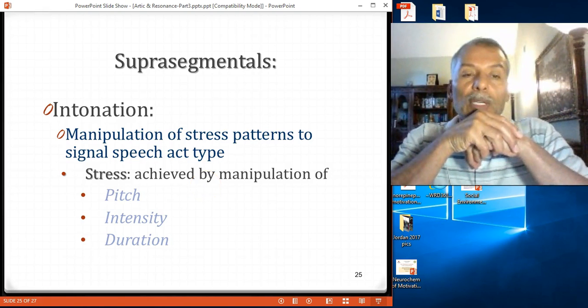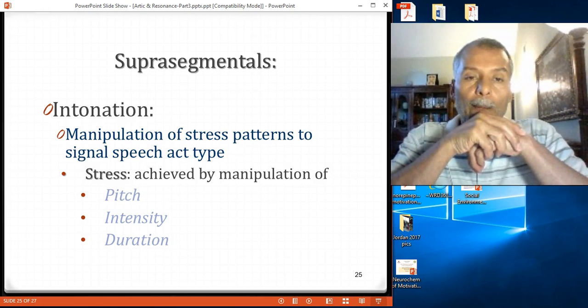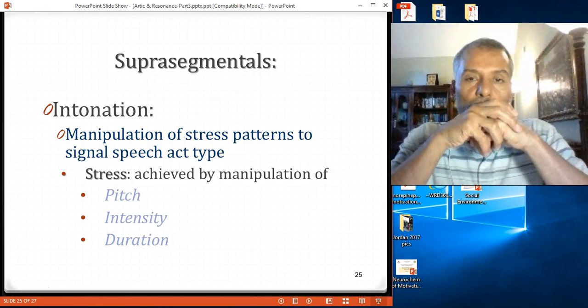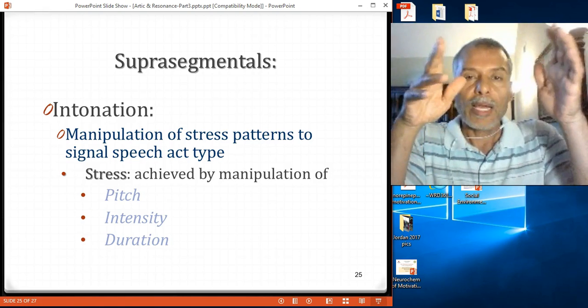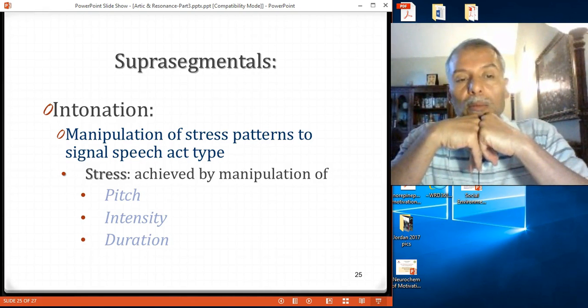Suprasegmentals have different names as well, but they include the stress patterns, like which syllables have lax and tense sounds, and looking at the pitch, intensity, and duration.